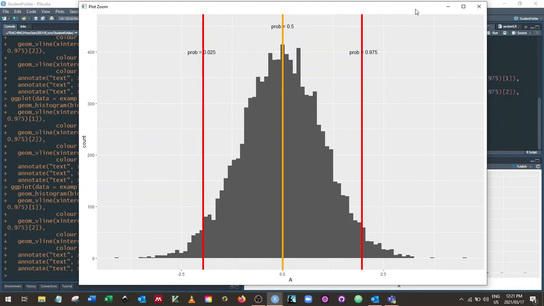So we're looking here at a symmetrical distribution. And so a normal distribution is a type of symmetrical distribution, but a normal distribution actually has a very specific definition in that it also has a mean of 0 and a standard deviation of 1.